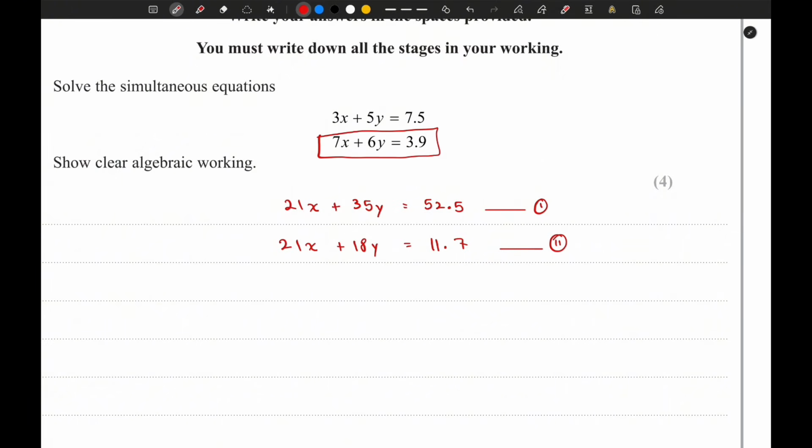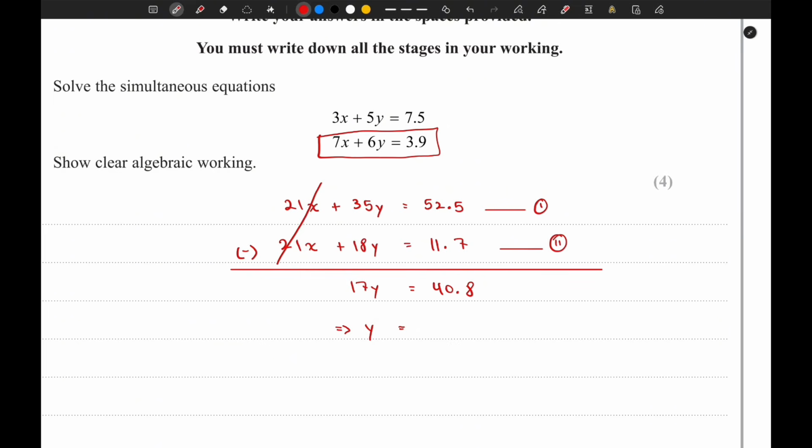Now the reason I have multiplied it with 7 and 3 is because I want to eliminate this x. So which means that I can subtract the second equation from the first equation. So this becomes 0, and 35 minus 18 gives us 17y. And 52.5 minus 11.7 gives us 40.8.